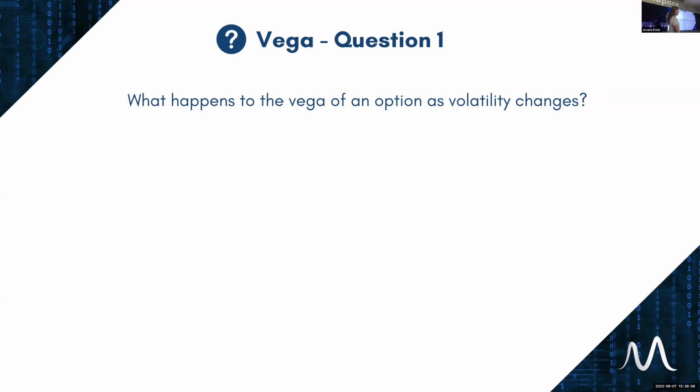If you change your volatility, what happens to the Vega? Any ideas?